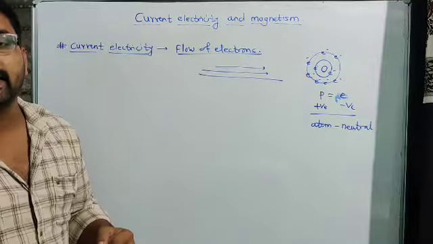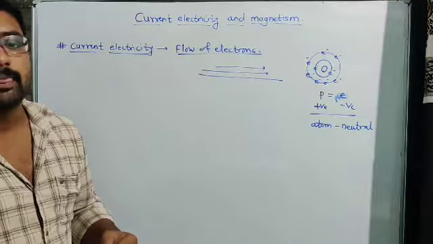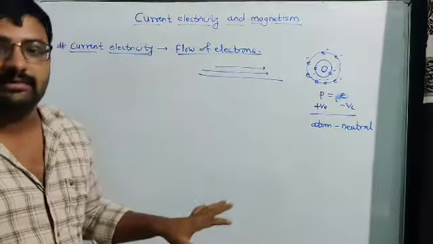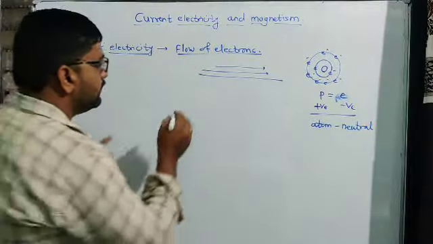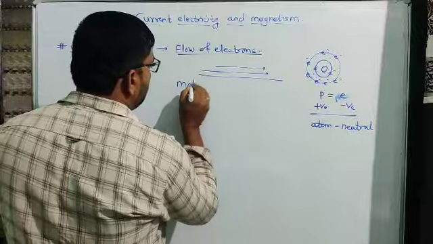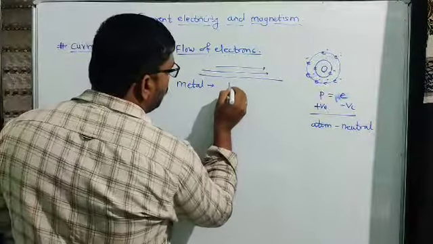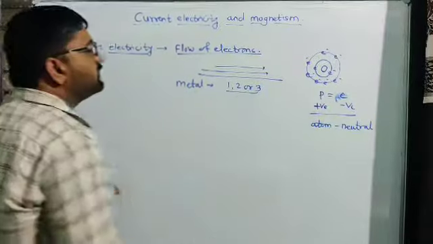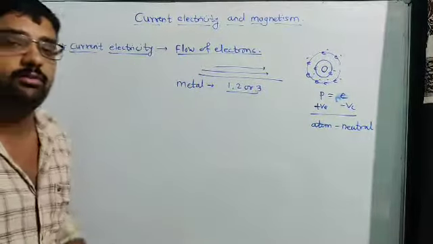In case of metals, we saw in chapter 5 that there are 1, 2 or 3 electrons in their outermost shell.